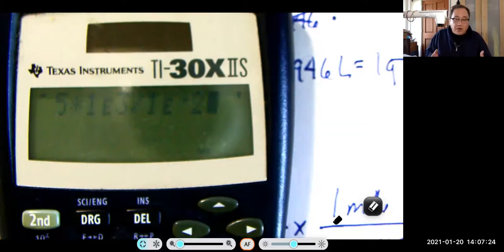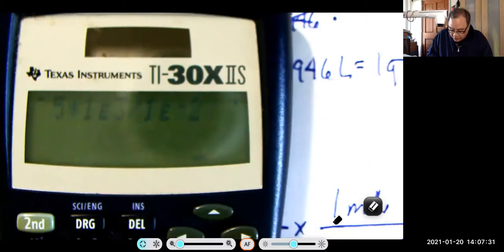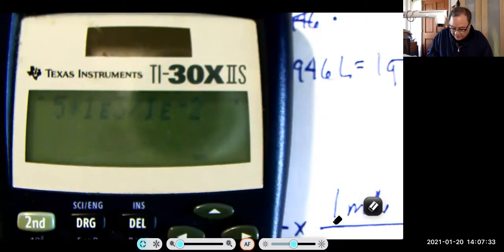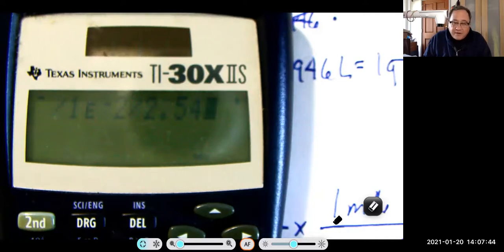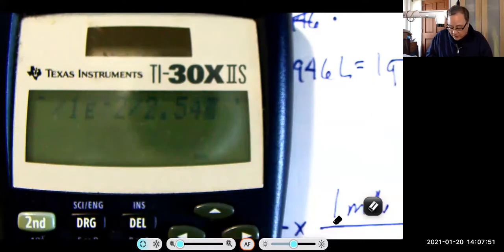They go, okay, we're doing all the bottom ones, so I'm going to take that and multiply that times 2.54. No, you divide it by 2.54. Because you have to imagine what your calculator is doing is it's doing all of the operations until it gets to the 2.54. And when you look at the problem we have here, we're dividing by 2.54. So this will take your answer and divide by 2.54, which is what you want. Divided by 12, divided by 5,280.